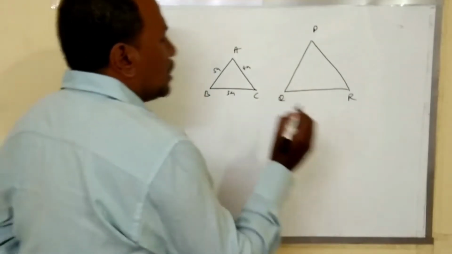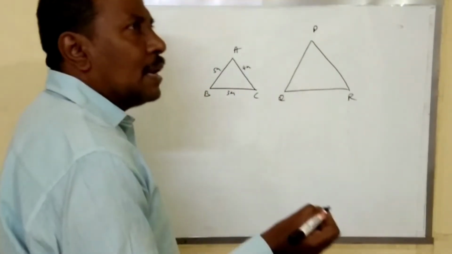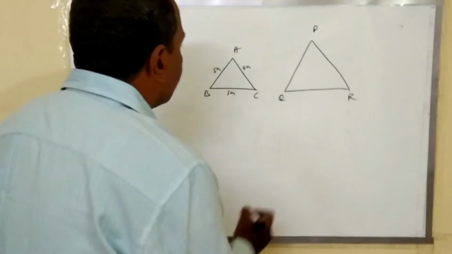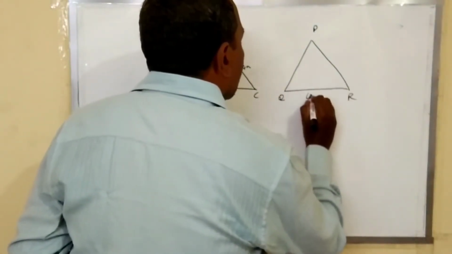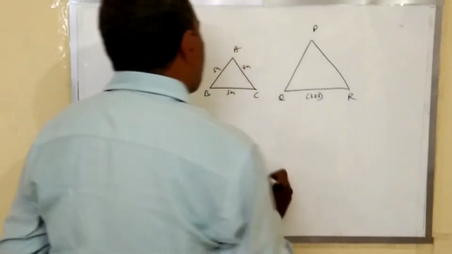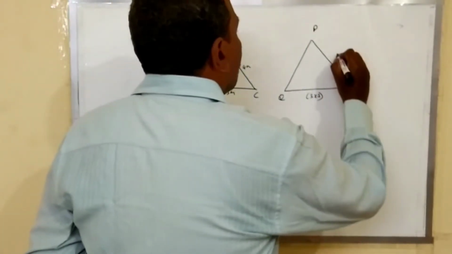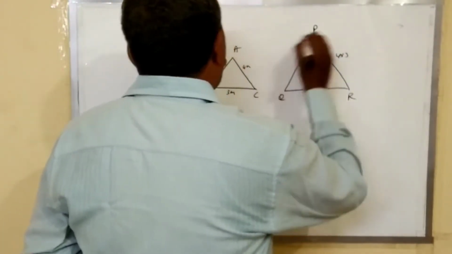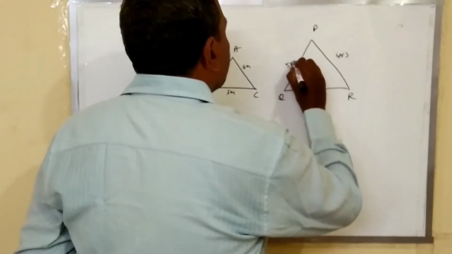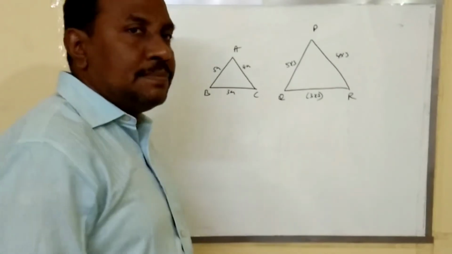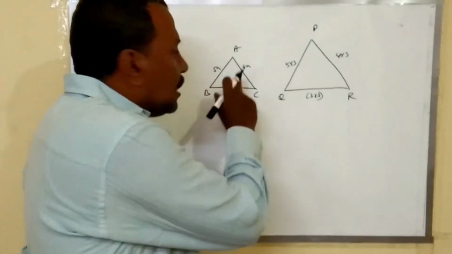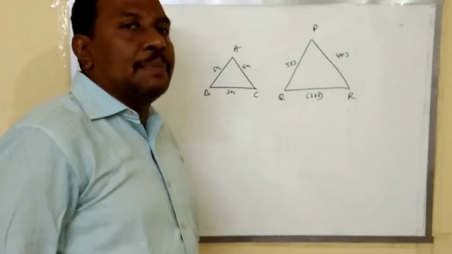So you take a number. Which number will we take? We'll take 3. So QR is equal to 3 into 3, PR is 4 into 3 and PQ is 5 into 3. That means I took a number 3, a constant, and multiplied it with all the measures of triangle ABC.